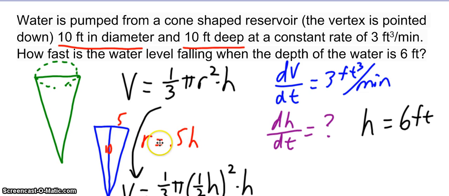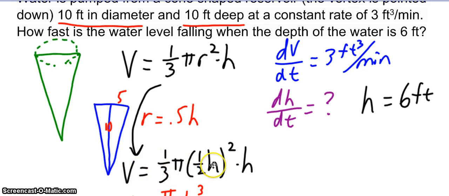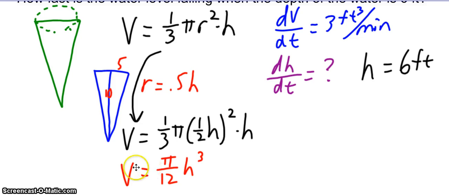So I'm going to take that relationship and substitute it into my volume equation. So volume is 1/3 pi times (1/2 h) squared times h, which conveniently simplifies to V equals pi/12 h cubed. So now I want you to go ahead and find dh/dt.